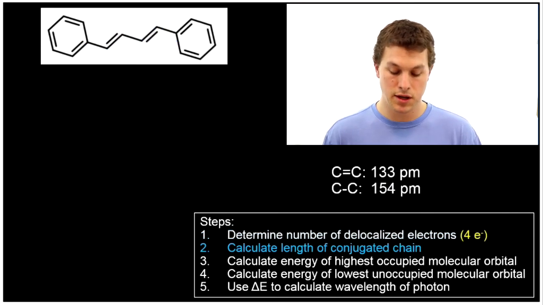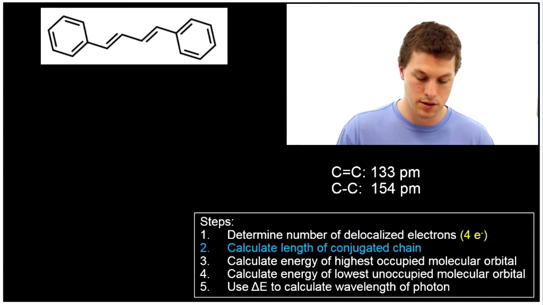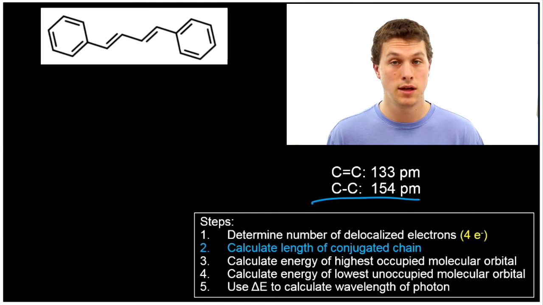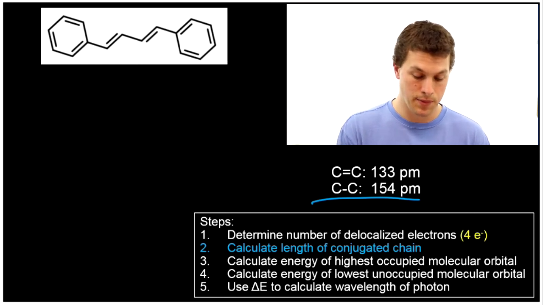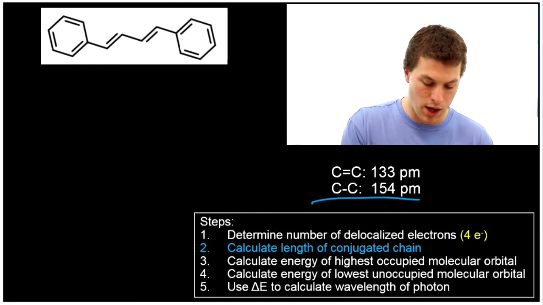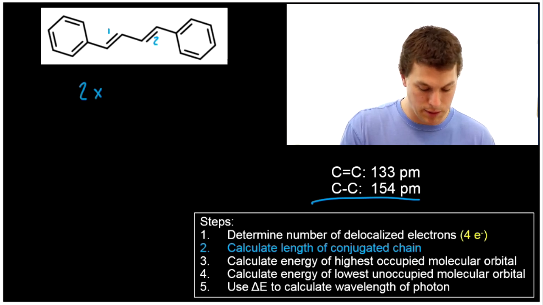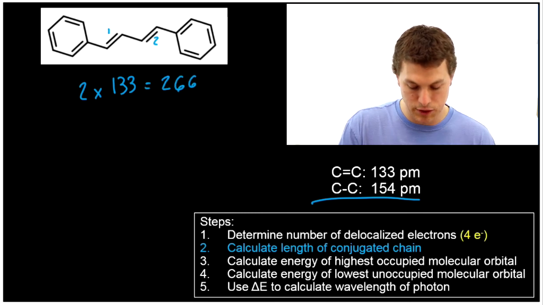Now we want to determine the length of our conjugated chain. So all we have to do here is take into account the carbon-carbon double bond and single bond length, and how many of each type we have. So let's go ahead and do that. We have 2 double bonds, just as we saw before. So we need to do 2 times the length of a double bond, which is 133 picometers. That's going to give me 266 picometers.